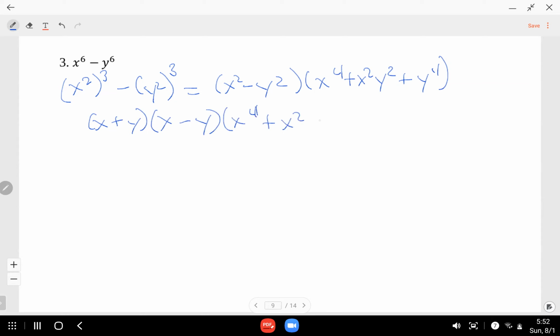However, you can simplify even further if you take another route. That is if you use difference of squares first.